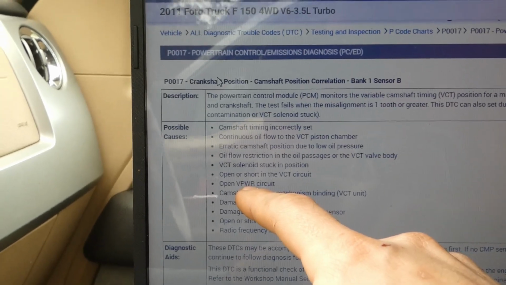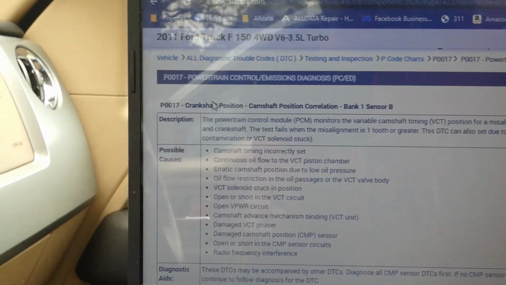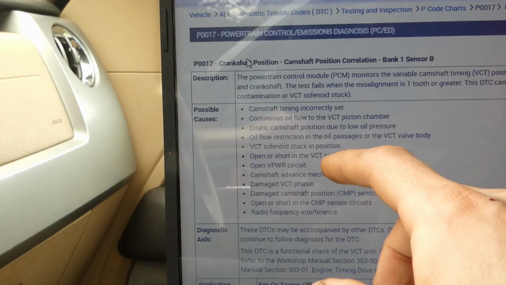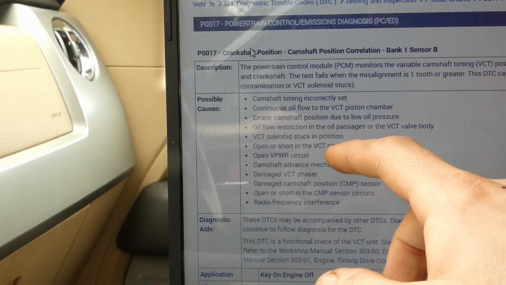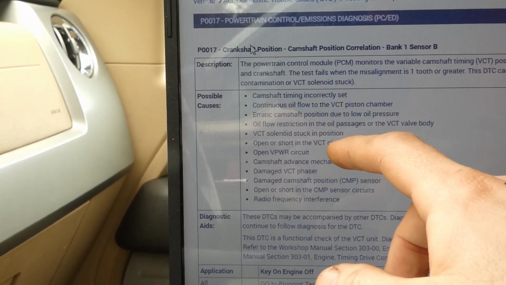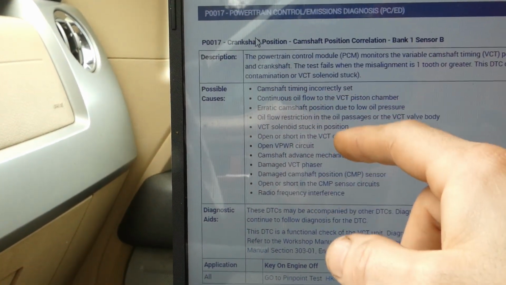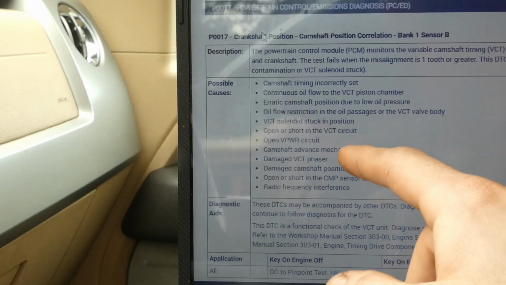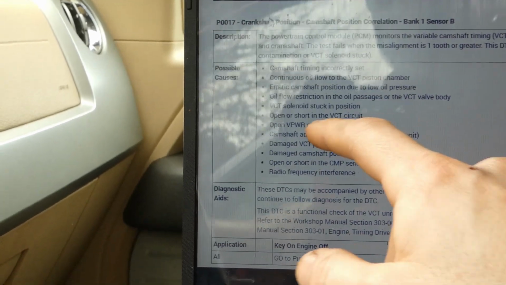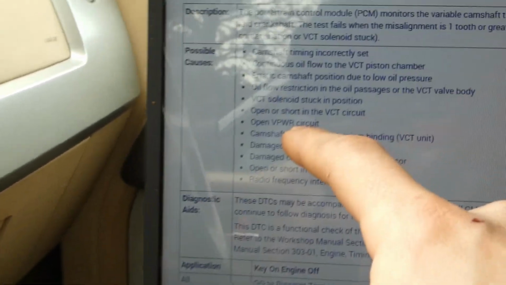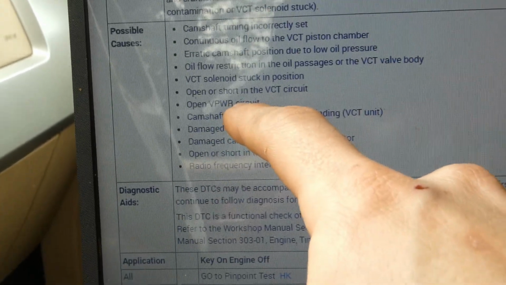Open V power. Alright, so if we have a short in the solenoid, it's never going to activate. Alright, so that's what that's referring to, I believe. Open in power.